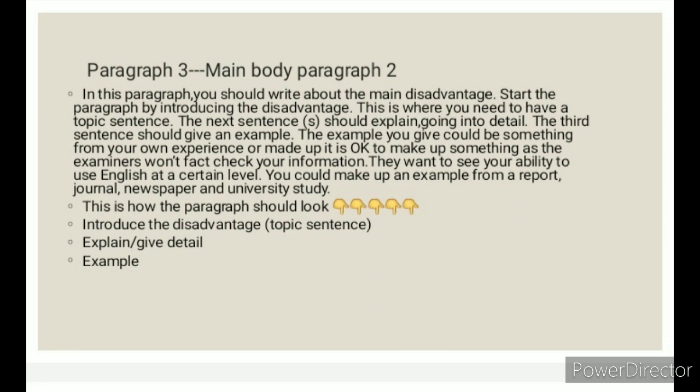The third sentence should give an example. The example you give could be something from your own experience or made up. It's okay to make up something, as the examiners don't check facts. Check your information. They want to see your ability to use English at a certain level.